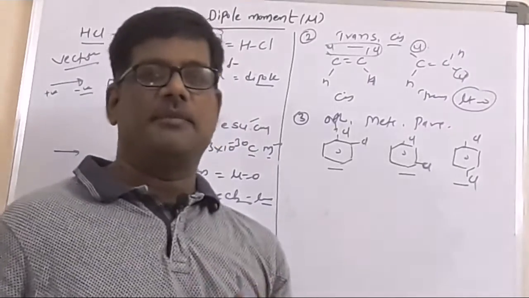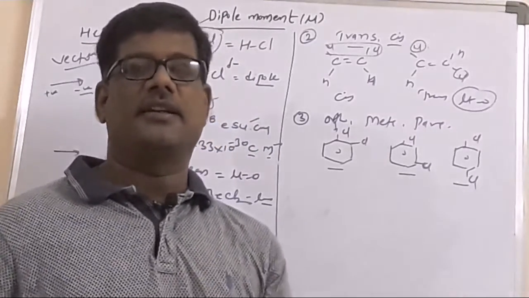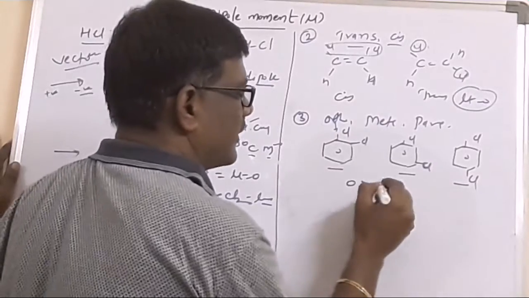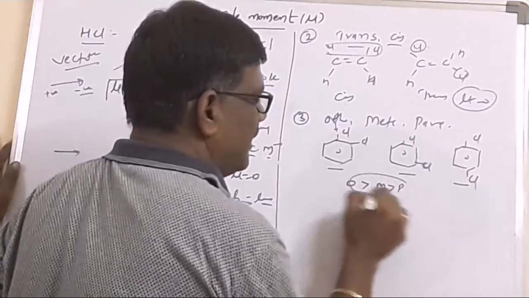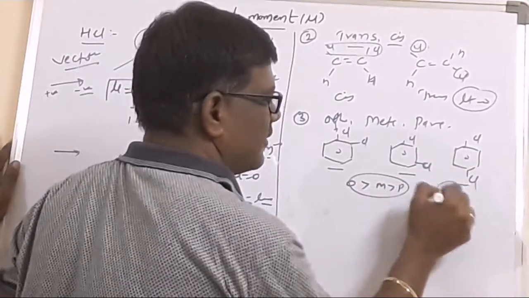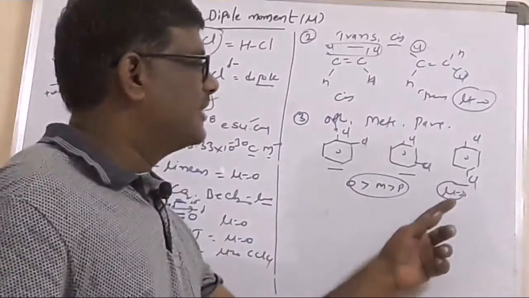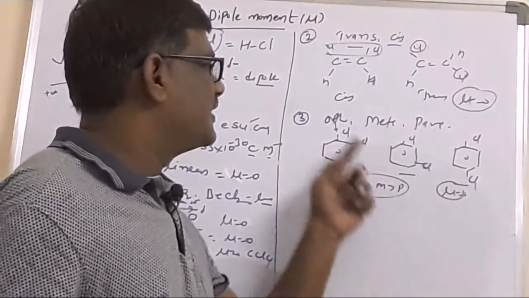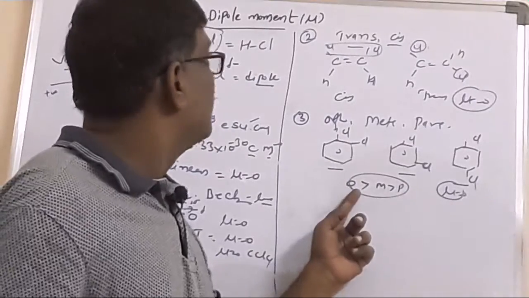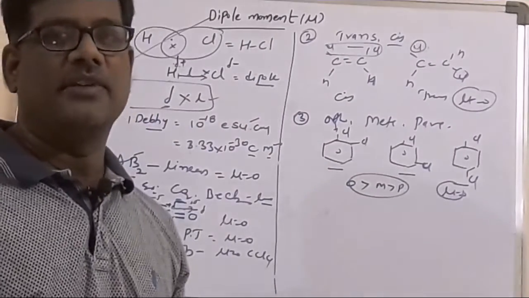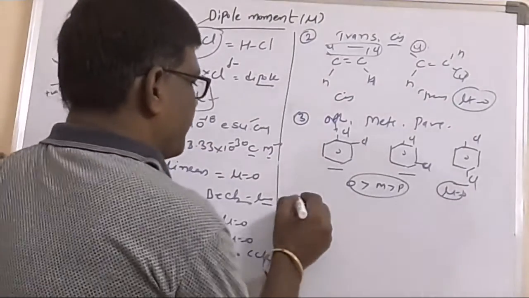If they ask in your examination to arrange them in increasing order of dipole moment, immediately you can say ortho has more than meta and para, where para has mu equal to 0 because they are directly opposite and in the opposite direction. So the dipole moment of the para compound will be 0. Ortho has more dipole moment than meta and para, and ultimately para has 0.